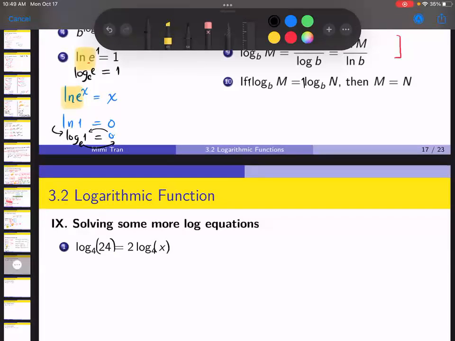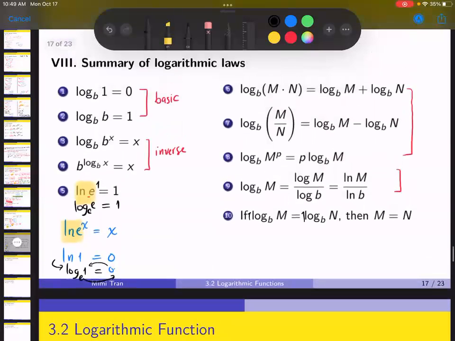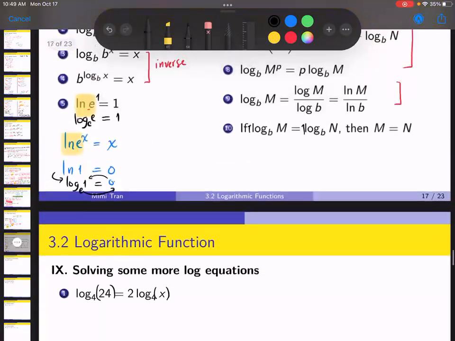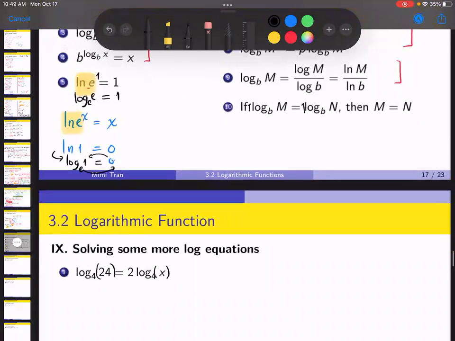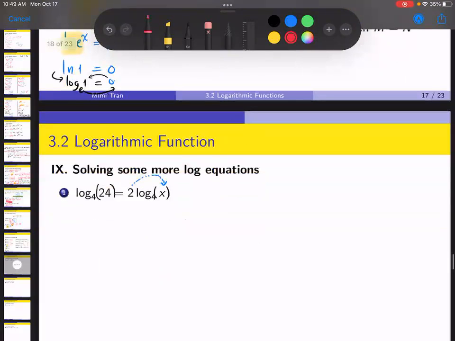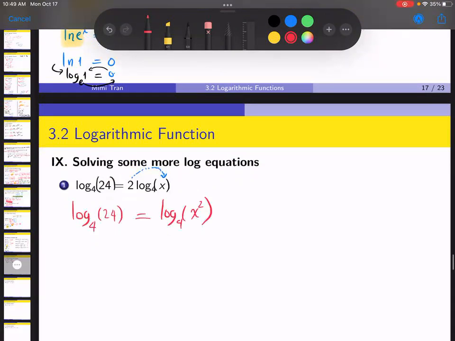What rule allows you to do that? The parachute rule. You bring the parachute down, now you can bring it back up. So I'm going to bring the 2 back up, the power rule, to the x. So rewrite the left-hand side: log base 4 of 24 equals log base 4 of x squared now.